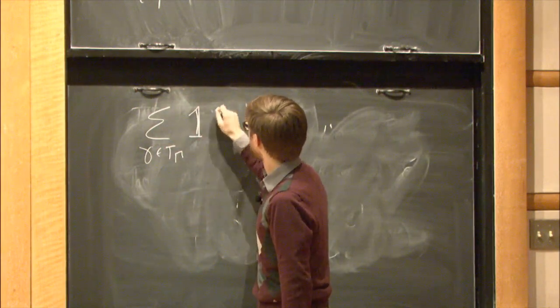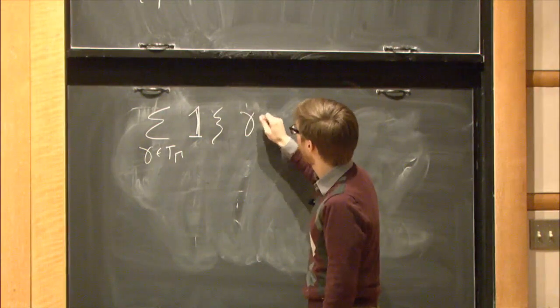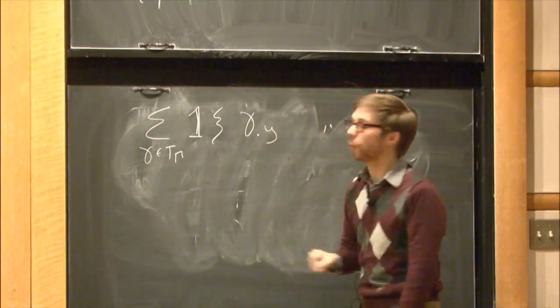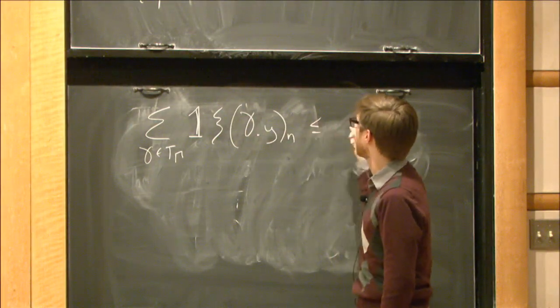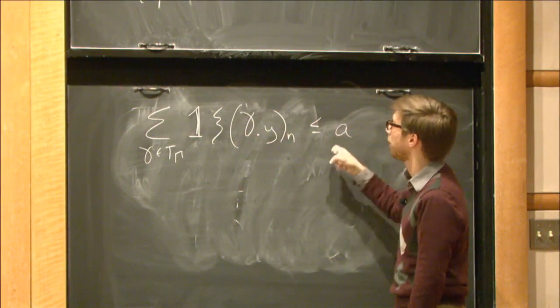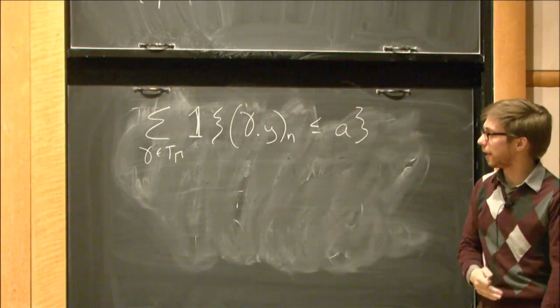I'm going to check if gamma acting on some fixed y in the hyperplane has its nth coordinate less than or equal to some number, let's say a, which was related to our original r. So we get this sort of sum of indicator functions.